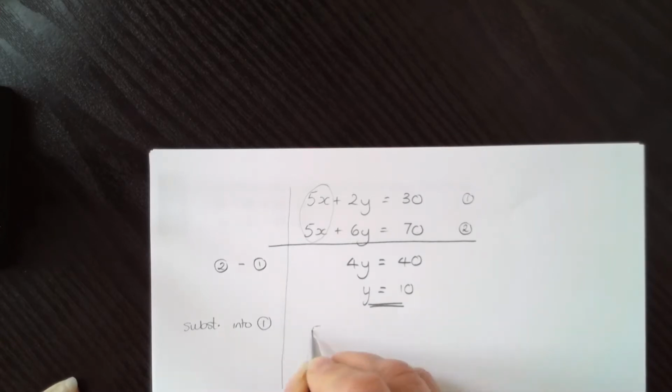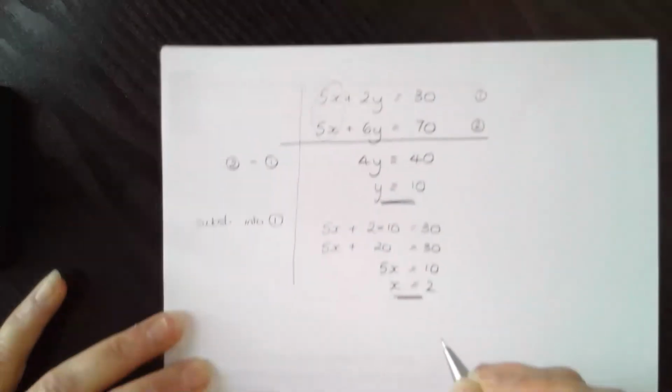And so I've got 5x plus, instead of 2y this time, I've got 2 times 10. And that's equal to 30. So 5x plus 20 is equal to 30. 5x is equal to 10. x must be equal to 2.